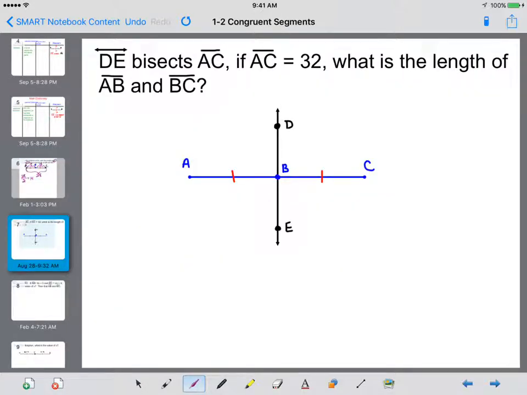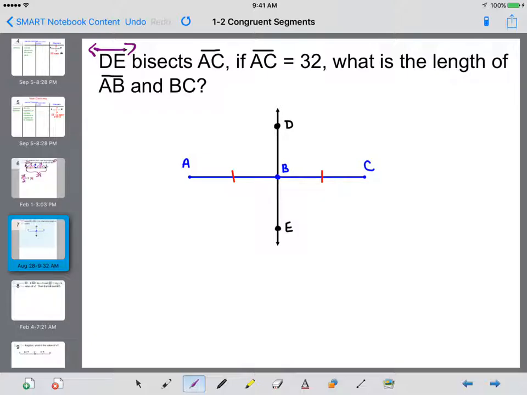Another word we might come across is this word bisects. This problem says that line DE, I say line because there's a line on top with arrows, bisects segment AC. If segment AC equals 32, what is the length of AB and BC?